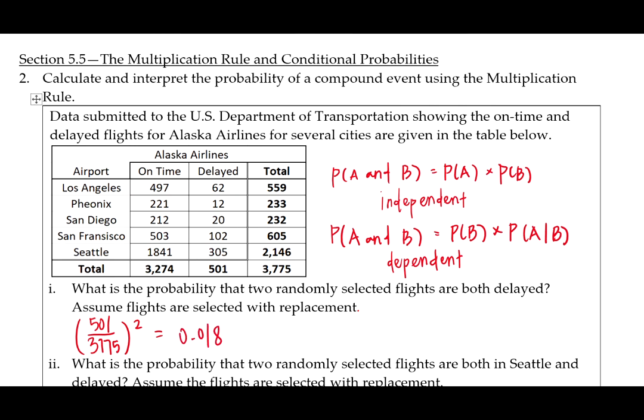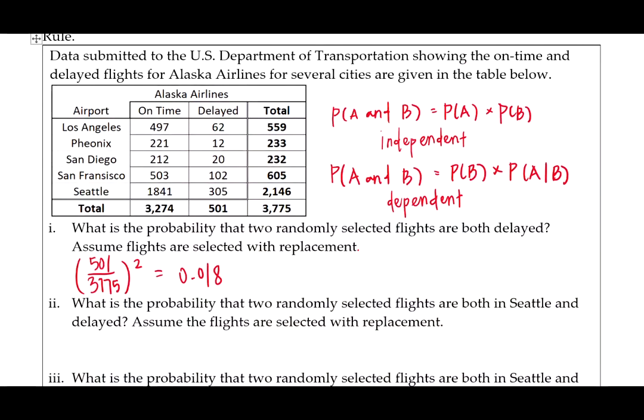Let's look at the next example. What is the probability that two randomly selected flights are both in Seattle and delayed? Assume the flights are selected with replacement. So now I'm going to look at the group that are in Seattle and delayed. There are 305 of those flights, and I'm going to put that over the total number of flights, again 3775. Once I've selected this first flight, I'm going to replace it, and I want the second flight also to be in Seattle and delayed.